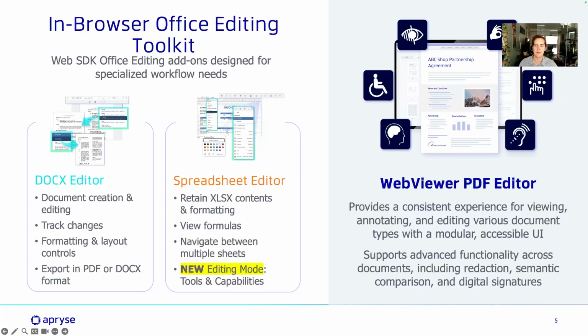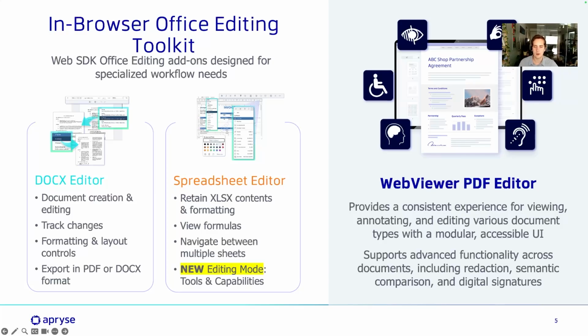And that allowed users to work within the Web SDK as if they were in Microsoft Word itself. You could edit it, go line by line, change formatting, track changes. You had control over the layout, and we've been continuing to iterate on this technology ever since then. And of course, you can save that docx file either as a docx file or export it as a PDF.